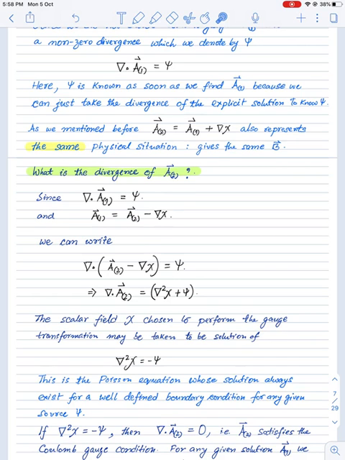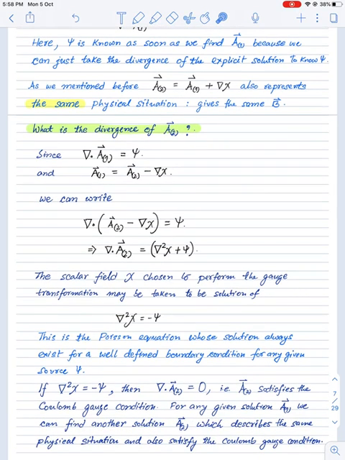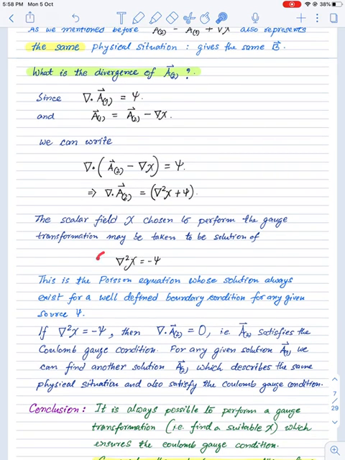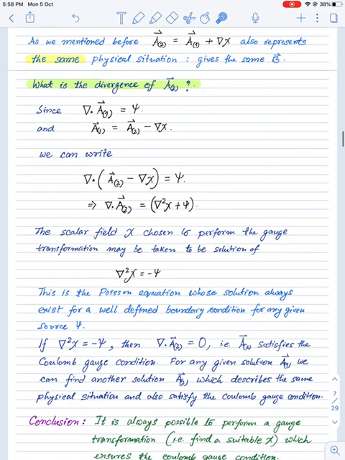This demonstrates it's always possible to choose the Coulomb gauge, and the question of whether or not it fixes the redundancy follows from the fact that this equation has a unique solution given some boundary conditions. So for instance, if we are in the Coulomb gauge, then this psi is equal to 0.